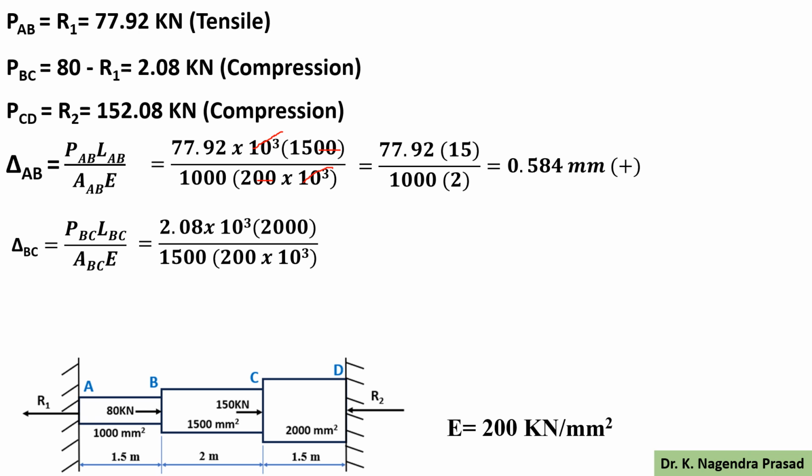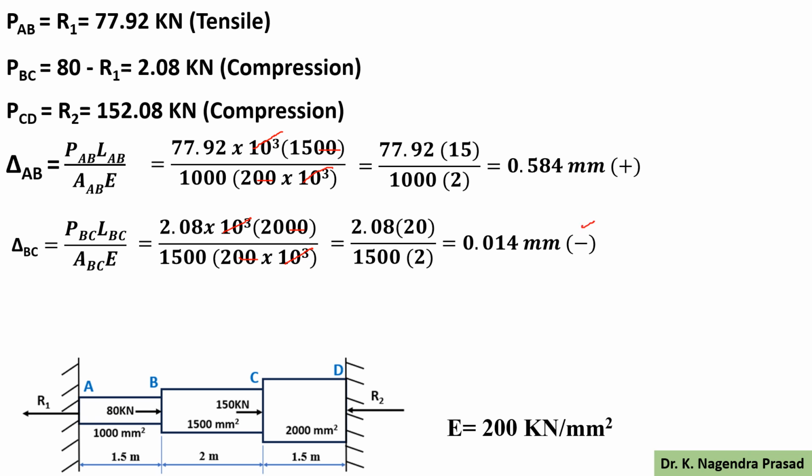Here 10 cubed and 10 cubed cancel, and double zeros also cancel. Then the equation can be written as 2.08 into 20 divided by 1500 into 2, which is equal to 0.014 mm. Here in portion BC the forces are compressive, so we use the minus symbol for the deformation.